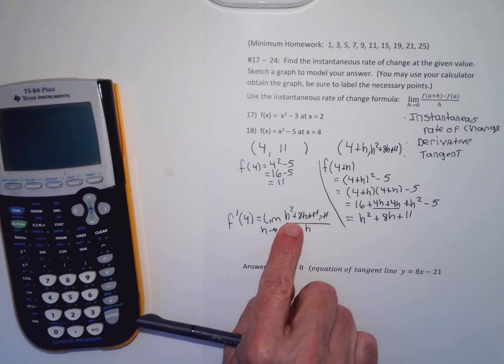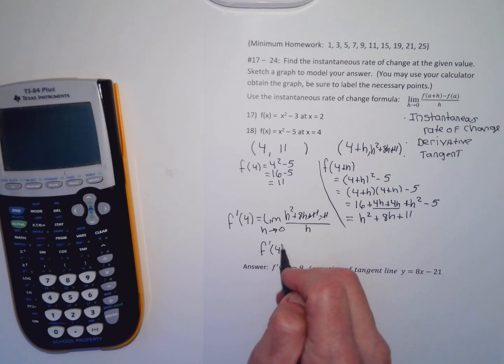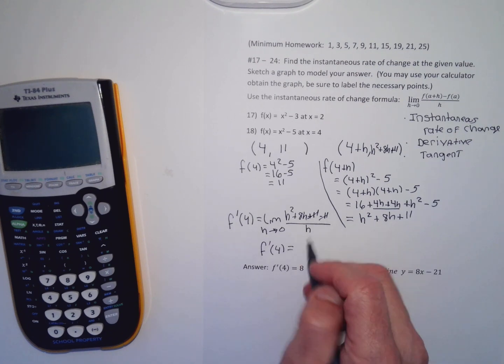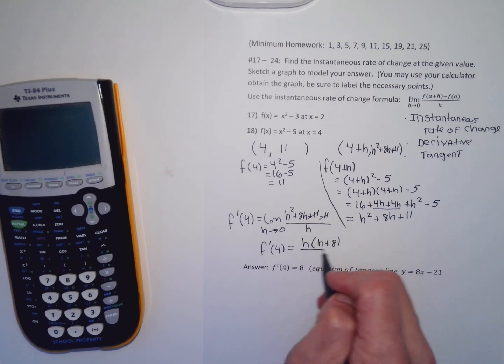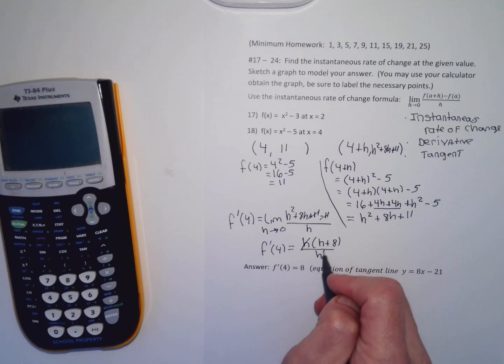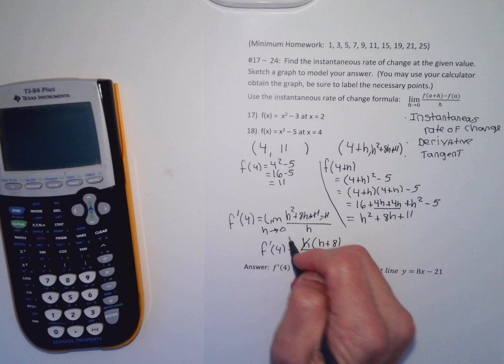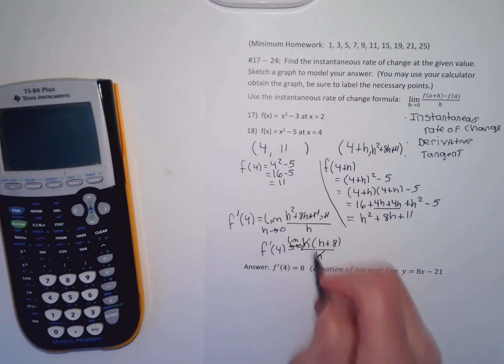I'm going to factor out an h from the numerator and get the derivative, or the instantaneous rate of change, when x equals 4 is h times h plus 8 over h. I'm going to cancel. I forgot to write the word limit. That's an important word to write. It's the limit as h goes to 0 of this fraction.